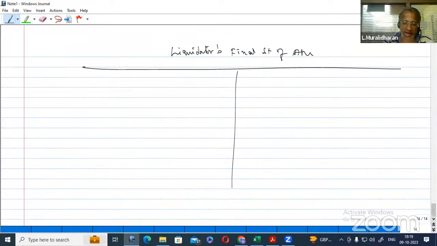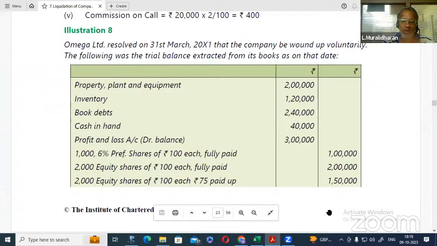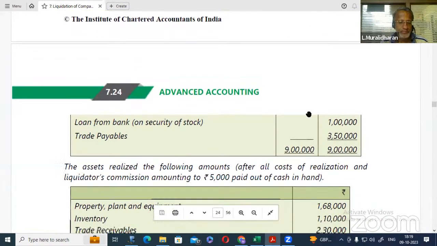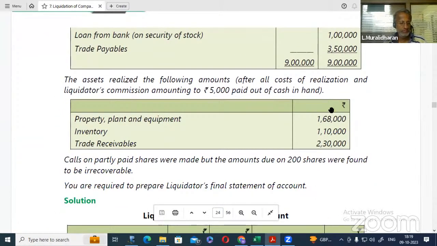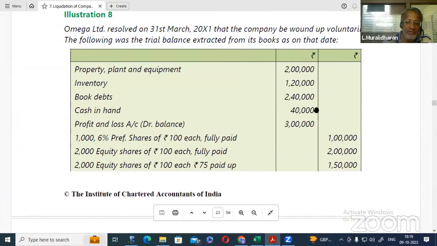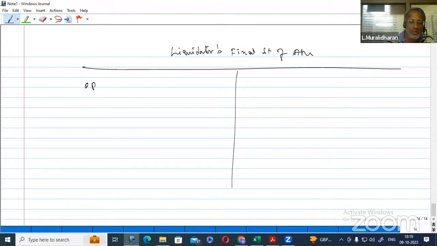This is a summary cash book. So we don't have to do any process like preparing profit and loss account or the balance sheet. So we had cash in hand to the extent of 40,000. Opening cash 40,000. Now we have the waterfall of how the payments are to be made.